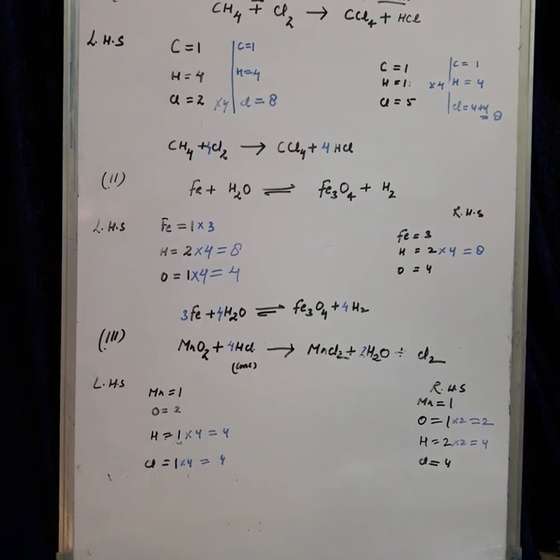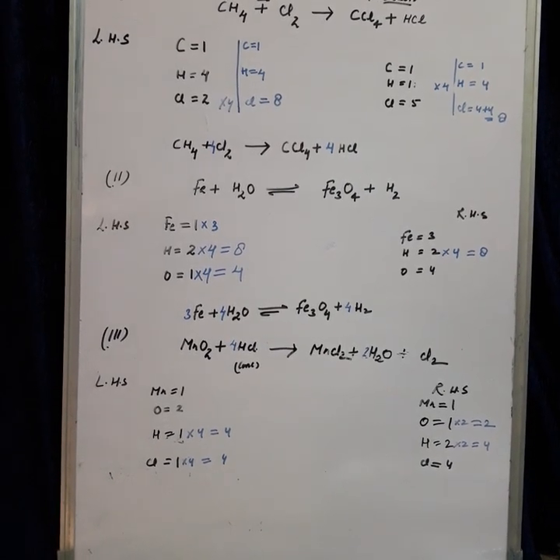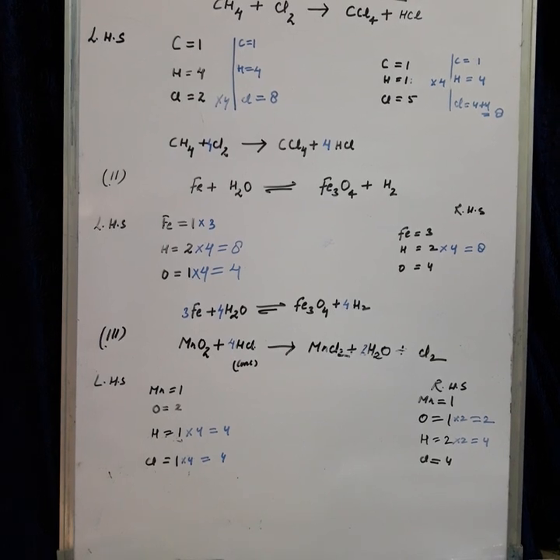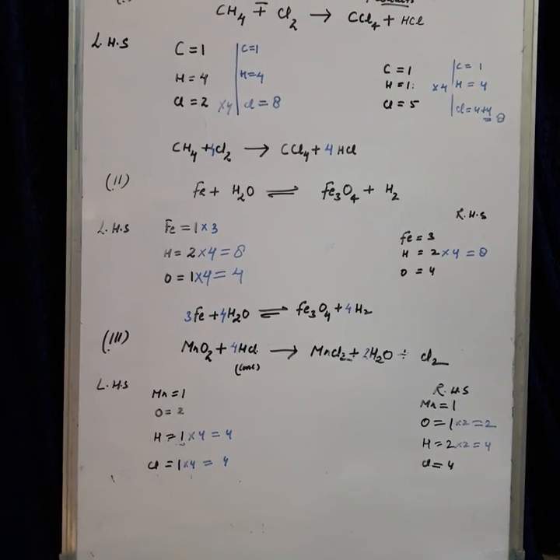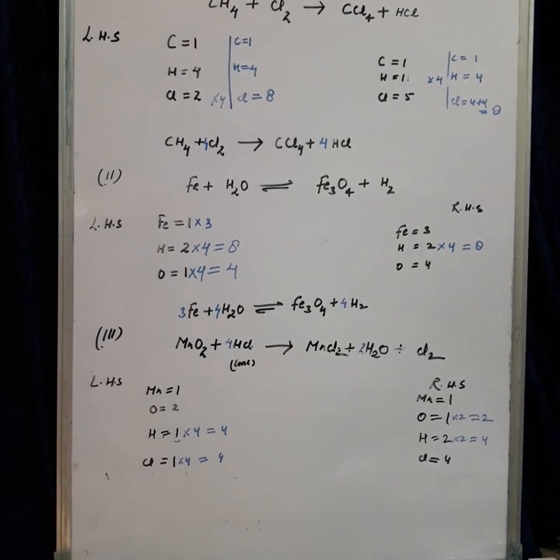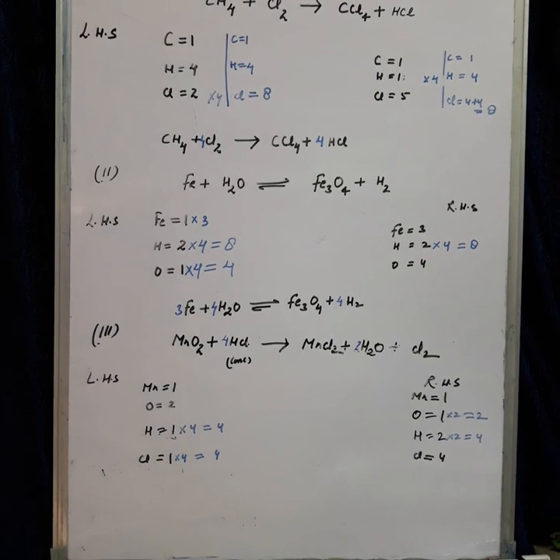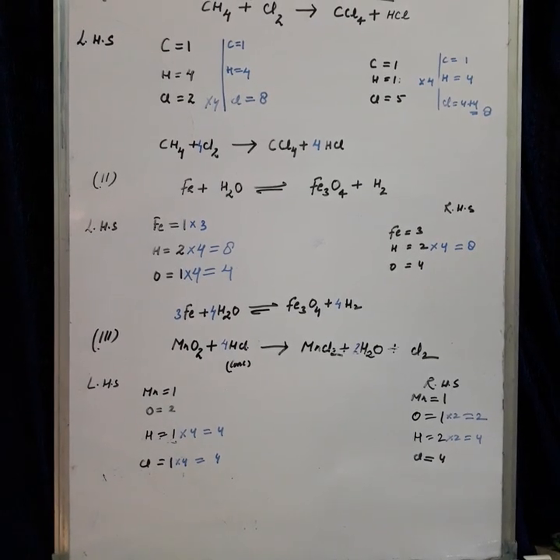Carbon 1 on the left hand side, carbon 1 on the right hand side, hydrogen 4, hydrogen 4 on that side also, chlorine 8 and on the product side also the number of chlorine atoms is 8. Okay, so now this equation is balanced. What is the final equation? Methane plus 4 chlorine is equal to carbon tetrachloride plus 4 hydrogen chloride.